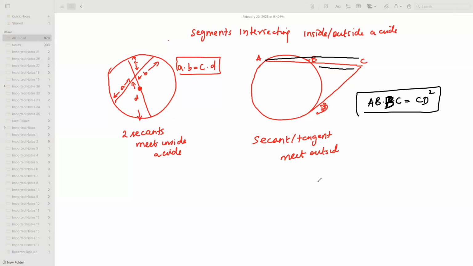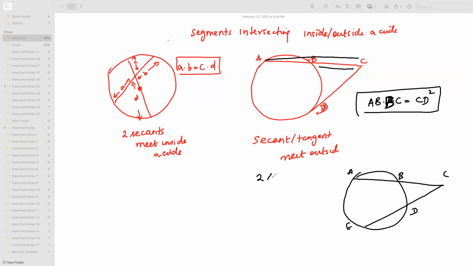The last one is two secants meeting outside the circle: A, B, C, D, E. The previous one was the secant tangent rule. This one is the secant rule.